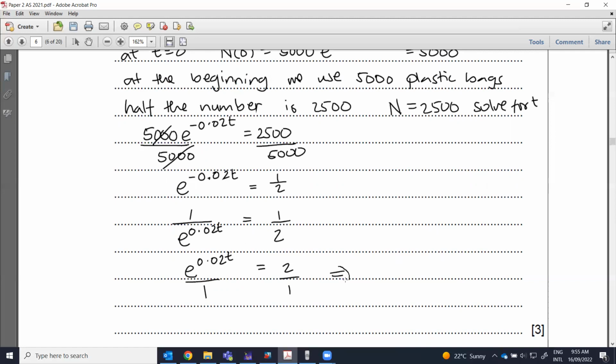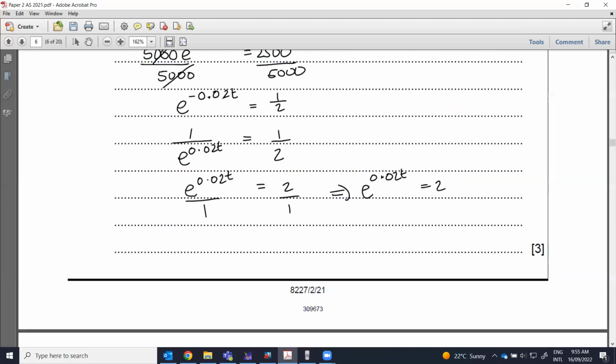And this means that e to the power of 0.02t is equal to 2. Now I want to get rid of this base e. To do that, I take ln on both sides, the natural logarithm. So we have ln of e to the power of 0.02t. This is ln of 2.